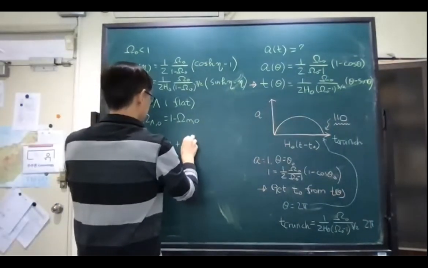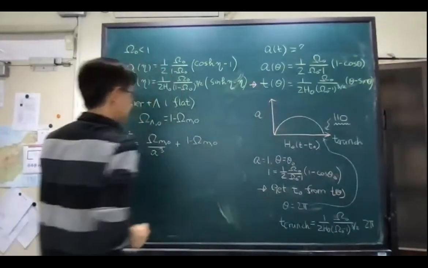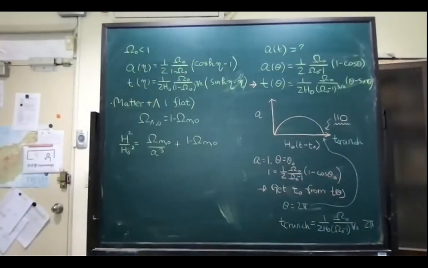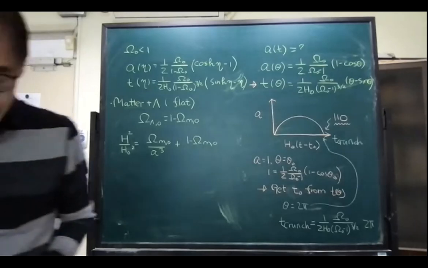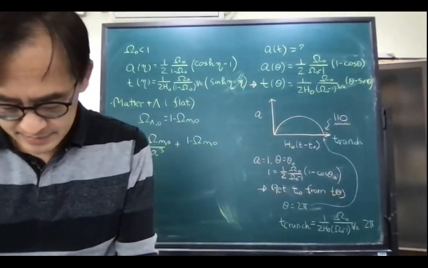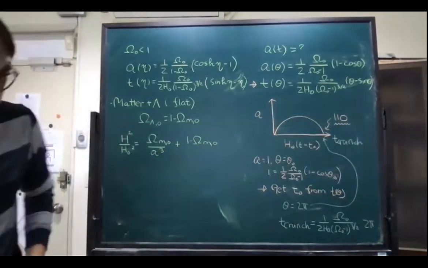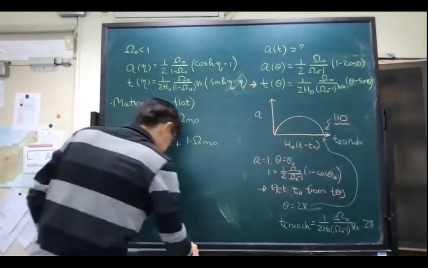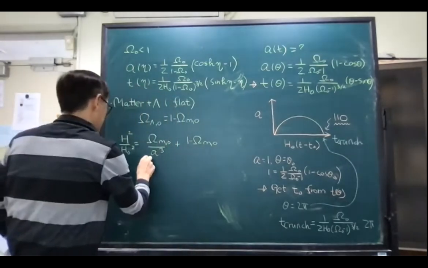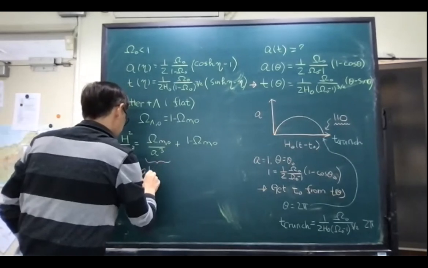So 1 minus omega matter 0. This first term is always plus.